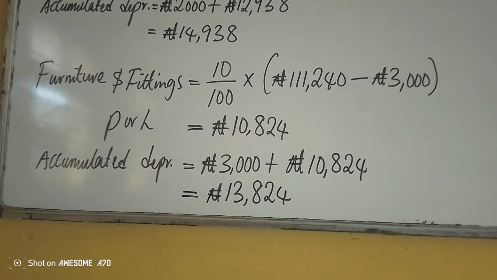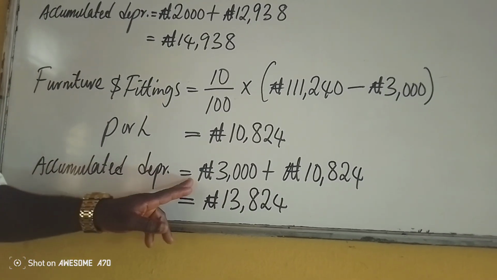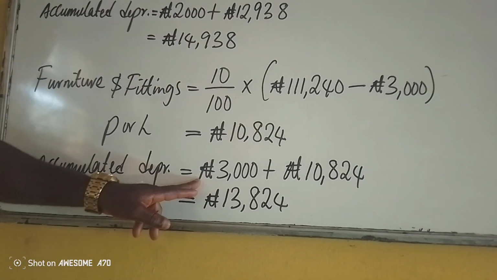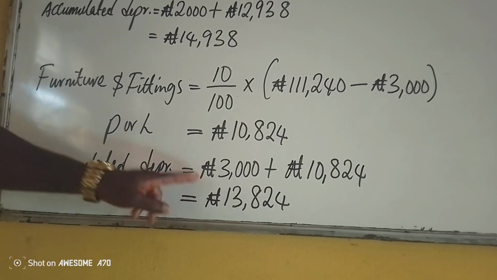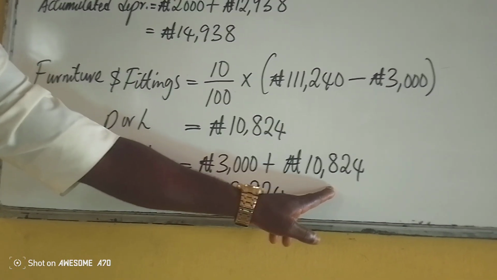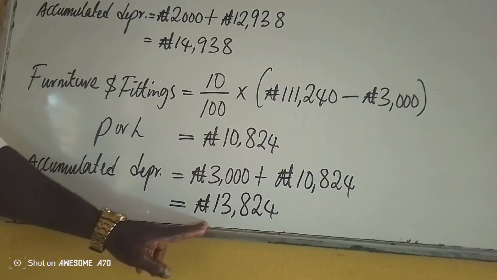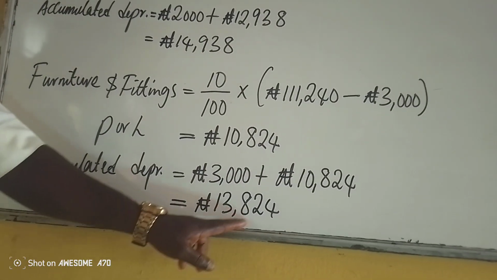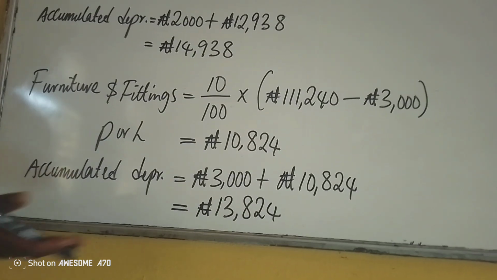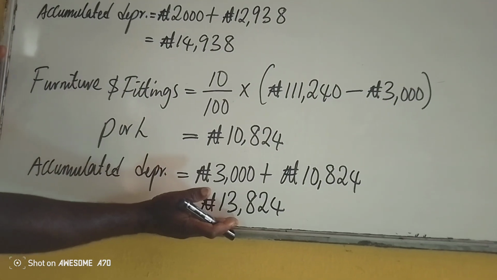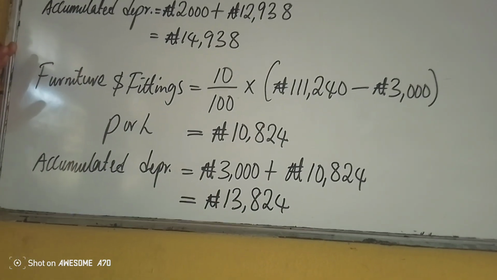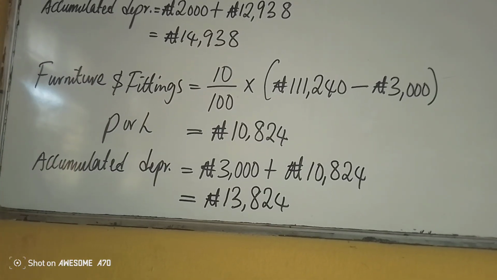Just like in the case of motor vehicle, you go and pick the accumulated depreciation of furniture and fittings given in the trial balance, add it with the one you calculated in the current year entry, then the total of 13,824 naira is what you use as accumulated depreciation under statement of financial position. This is how it is treated.